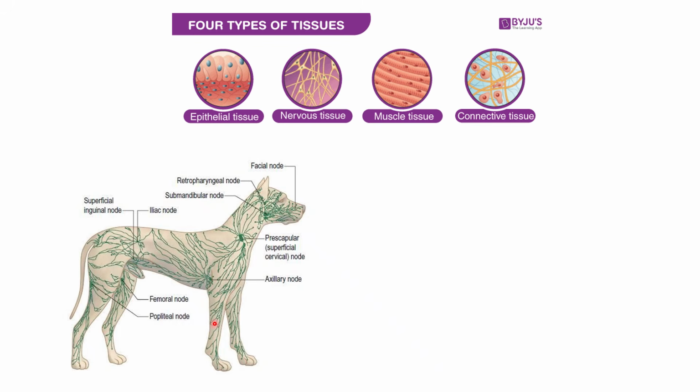So what I want you guys to appreciate is that the lymphatic system is as spread out in the body of an animal, just like your nervous and your cardiovascular system, which means if you are viewing a specific histological slide under the microscope, there is a very high chance that you would be able to see structures that are under the lymphatic system, okay? Especially the lymphatic vessels, which we have talked about in the previous lecture.